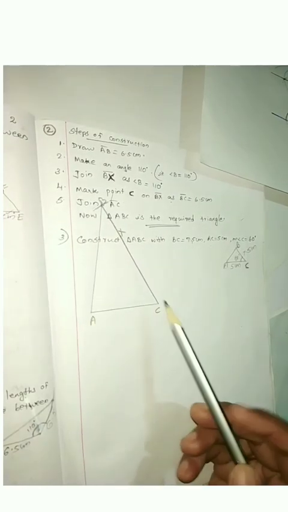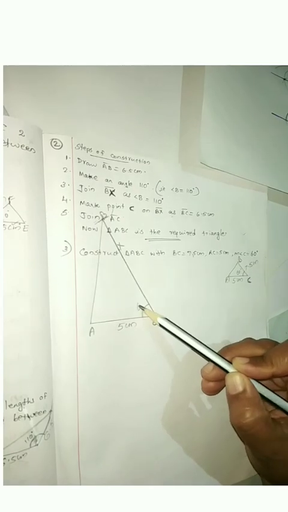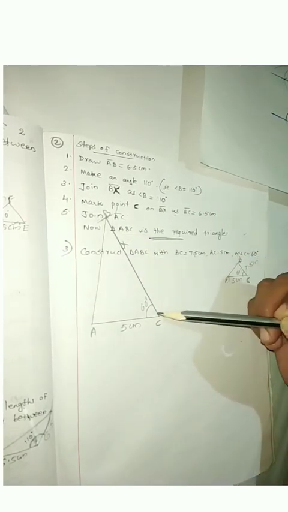How can we draw? First we have to draw a side. We can take this one as 5 centimeter. Then by using the protractor mark 60 degree. Then we have to measure 7.5 centimeter by using this compass distance.